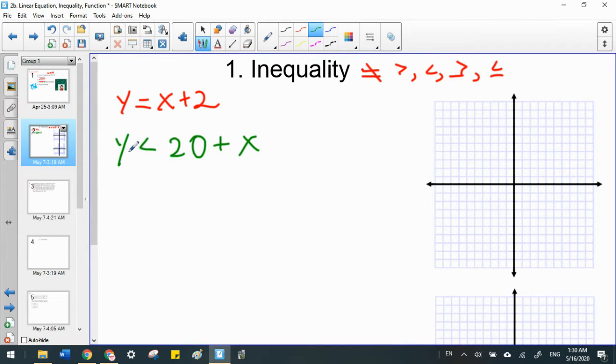It means that y just has to be any value that is less than 20 plus x. So whereas before, when we give x a value, then y must also have a value. Like in this case, if I stuck a 3 in for x, I would have to add 2 to get y is equal to 5. When I try that with an inequality, I don't exactly get the same result.